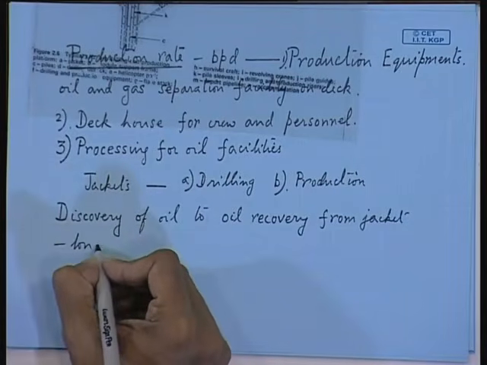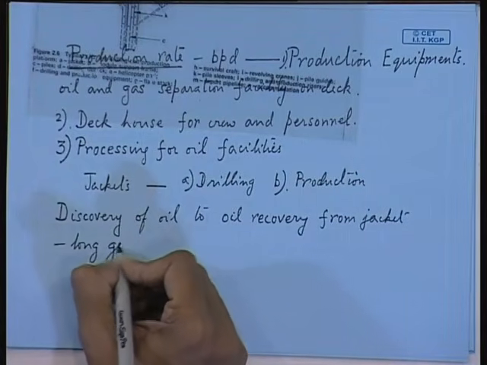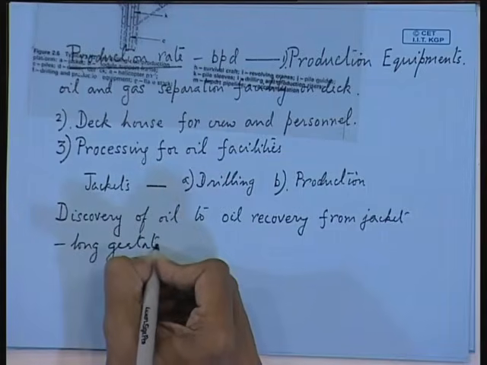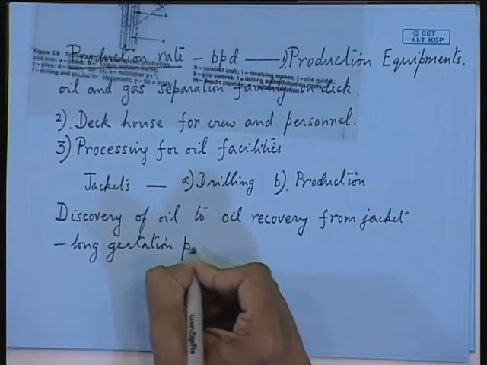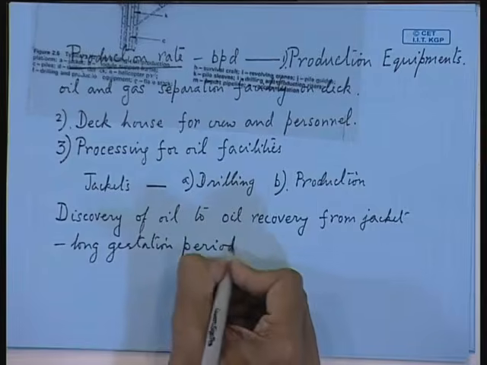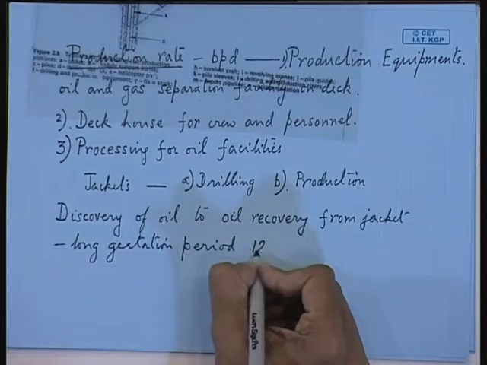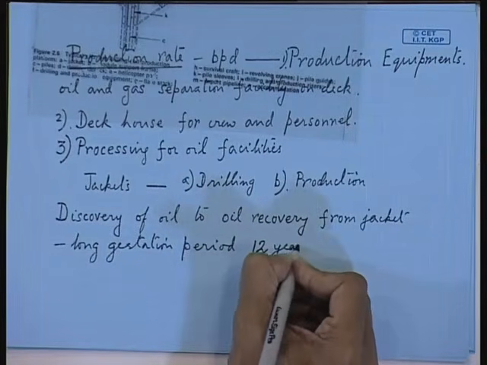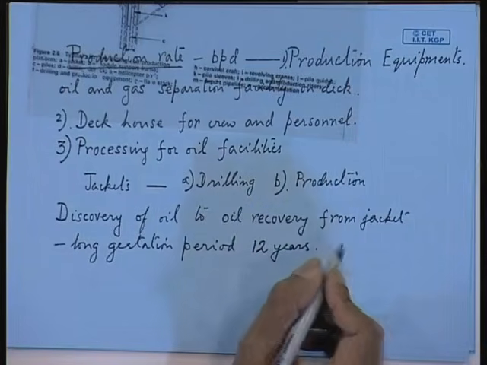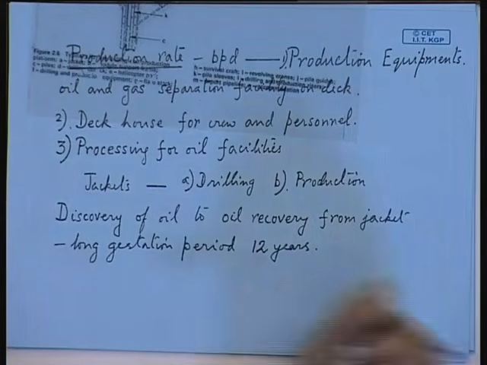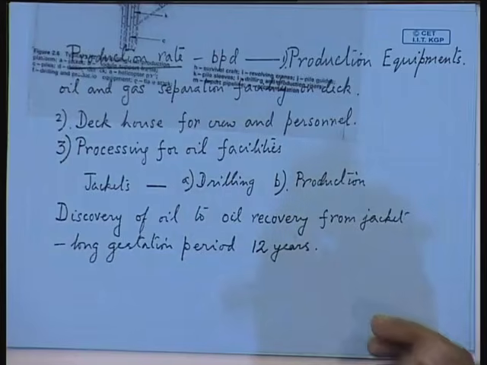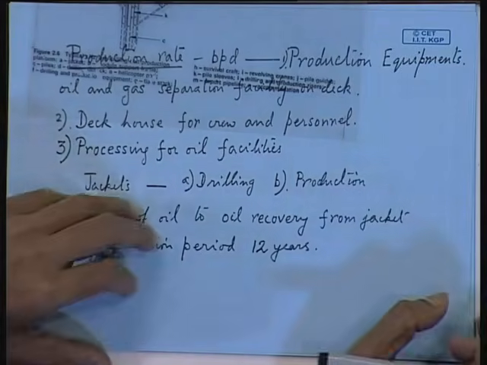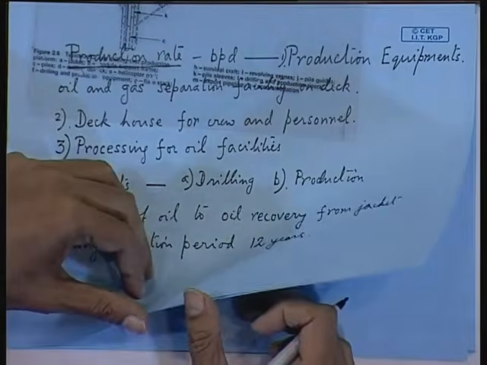Now, how to cut this down? This almost takes as many as 12 years. People are not ready to wait for such a long time, 12 years, for the oil to come out of the reservoir and then market it.